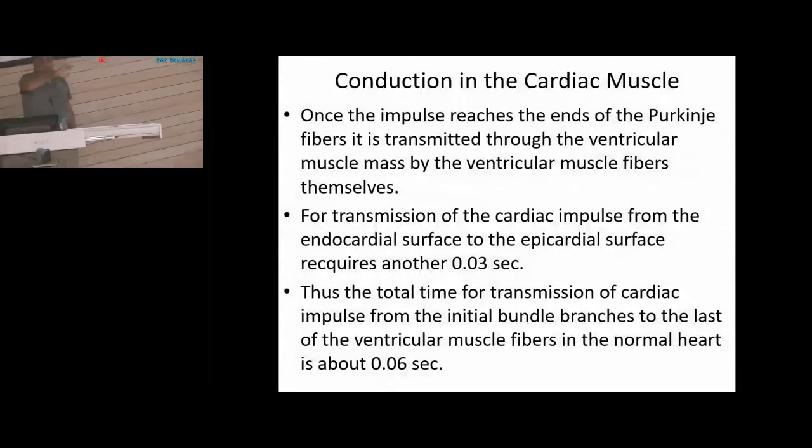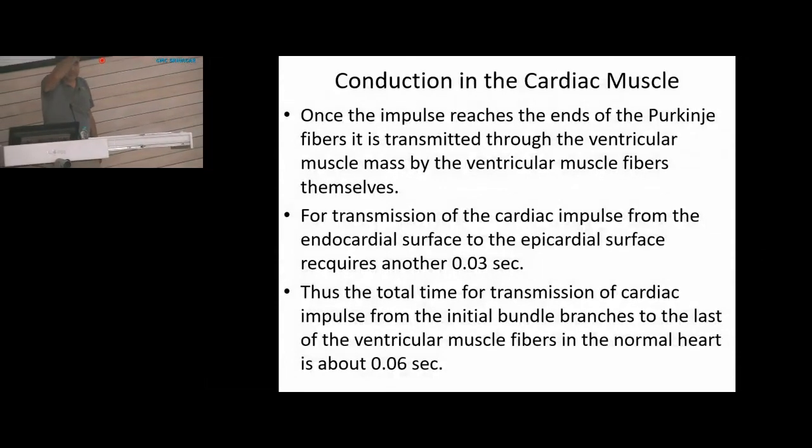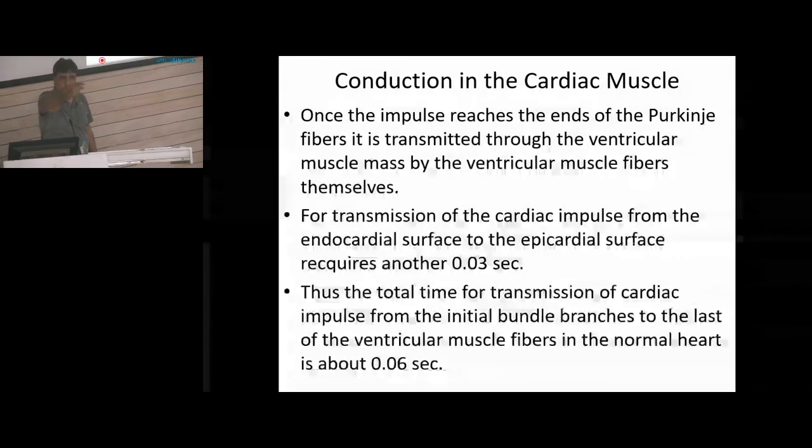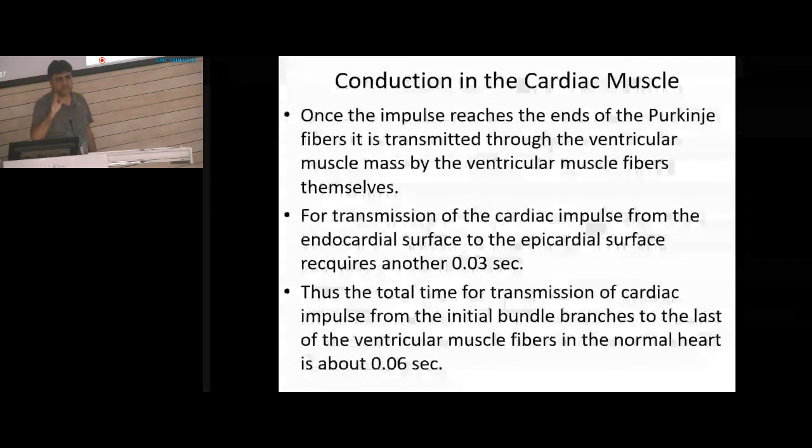So if we take the total time from SA node to the interventricular septum to the last portion, that is the base of the heart, what is the total time taken? 0.16 seconds plus these 0.06 seconds. Total is 0.22 seconds.